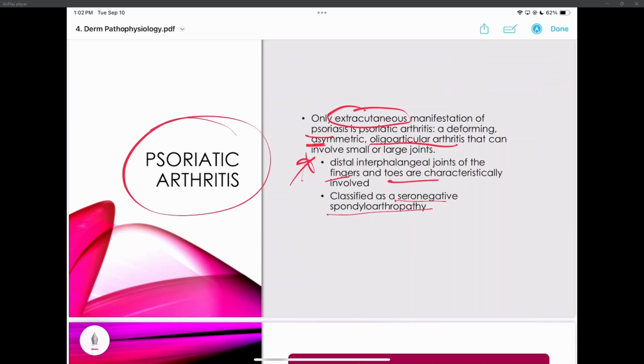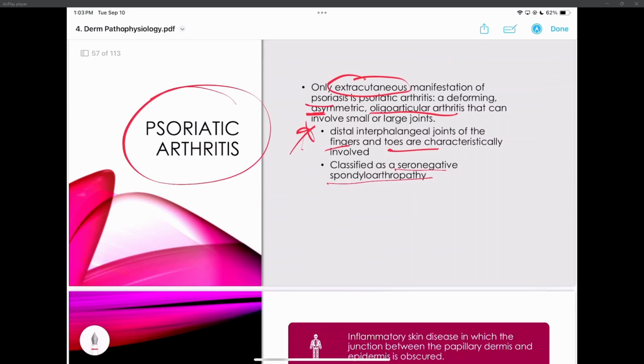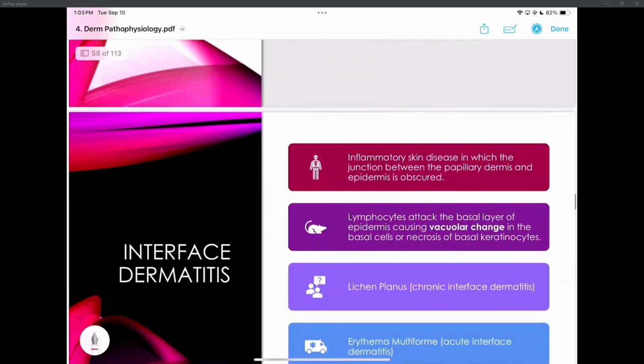A lot of the arthritises that you're going to read about have antibodies or other things in the blood that will give you the reason for that problem. With psoriatic arthritis, it's not going to have any serum issues. There are no antibodies causing the issue. It's not an autoimmune problem. It's just localized to that joint. So they're not going to show up anything on blood work dealing with psoriatic arthritis.